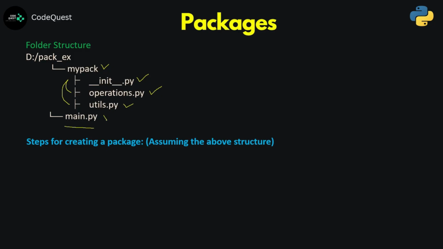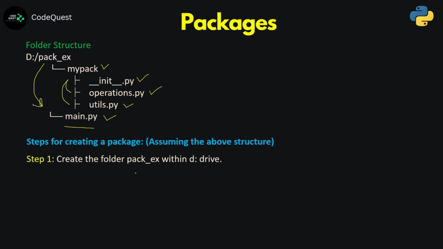So this main.py, which is present inside this pack_ex folder, is the file or module where I am going to utilize the members that are present in operations and utils, which are actually part of a package called mypack. So let's see what are the basic steps that we need to follow to get this entire structure along with the concept of package done.